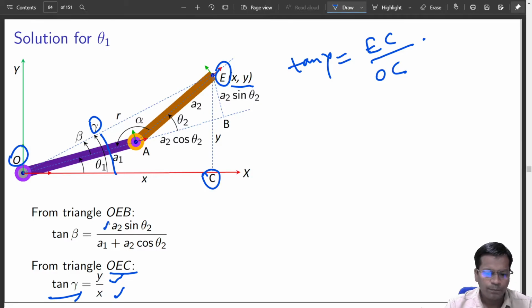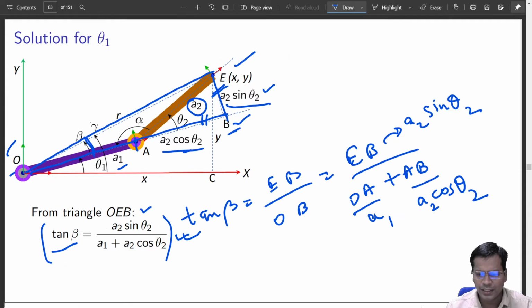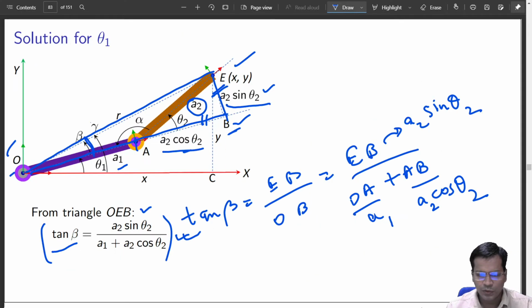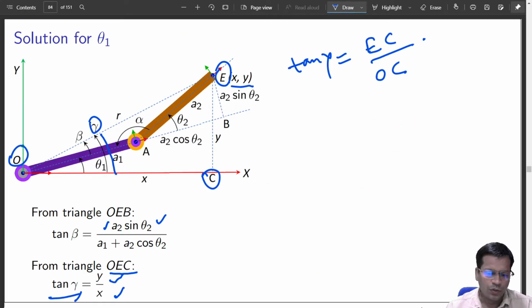a2 is known. Theta 2 we have just extracted in the last slide, using x, y and link lengths. So we already know this. If you know theta 2, you know a1 and a2. You now know tan beta and you also know tan gamma.